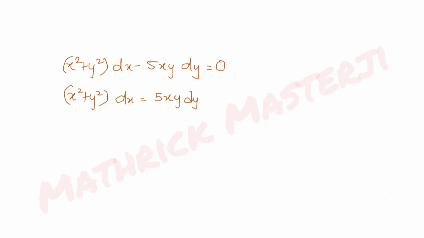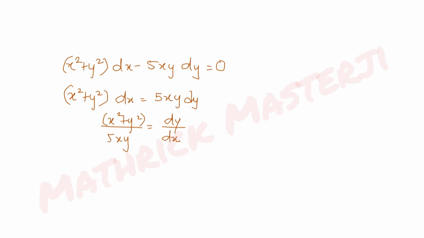Now in terms of dy by dx, I take dx to this side and 5xy goes down. So dy by dx is equal to (x² + y²) divided by 5xy.